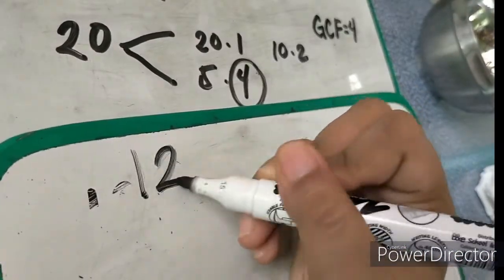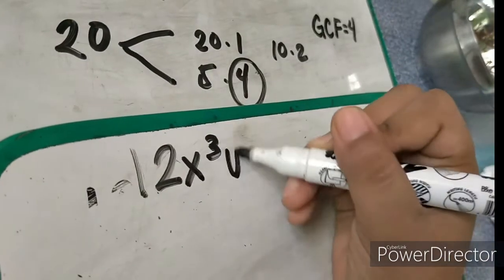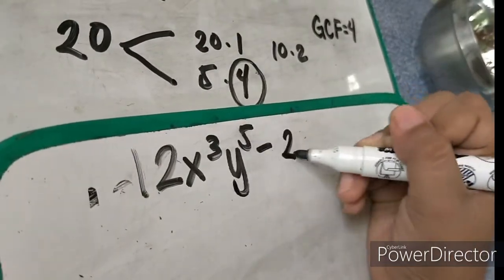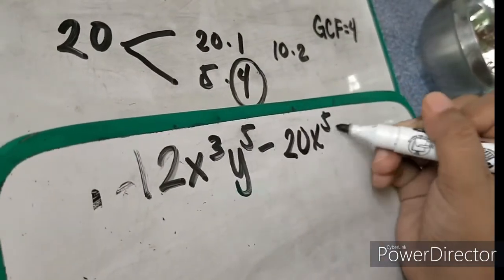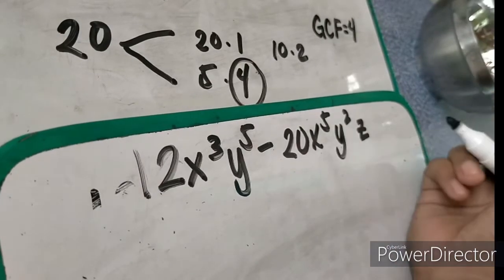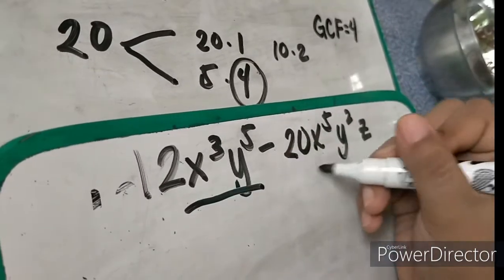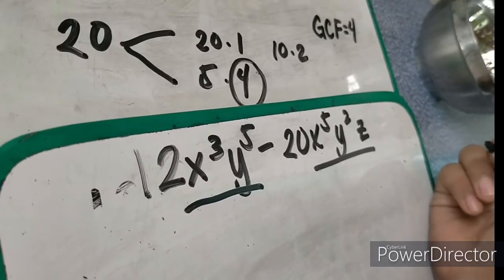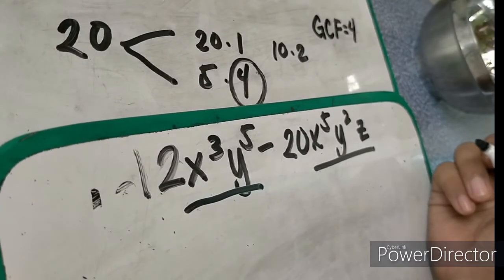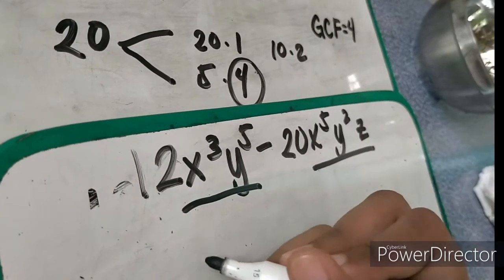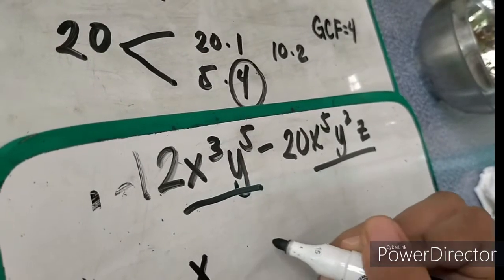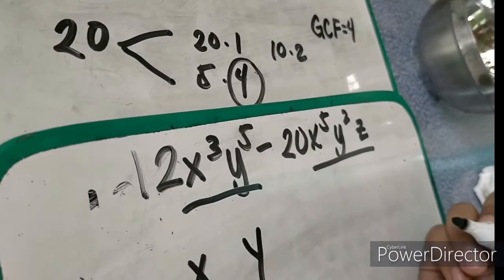Again, ito yung ating equation: x cubed y raised to 5 minus 20x raised to 5 y squared z. So, let's use our variables and see what are the common variables. Correct. We have common x and y.